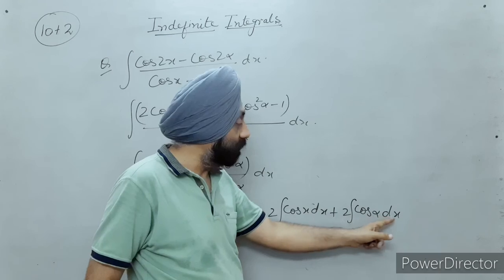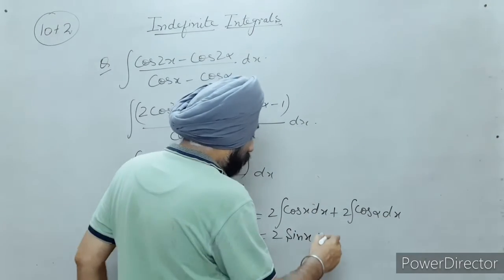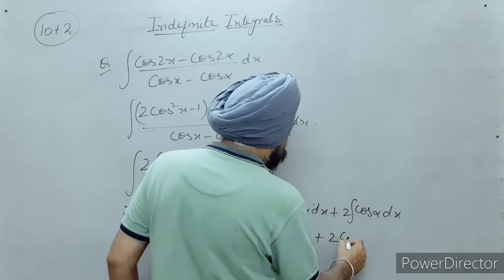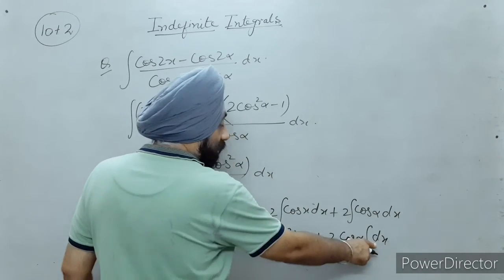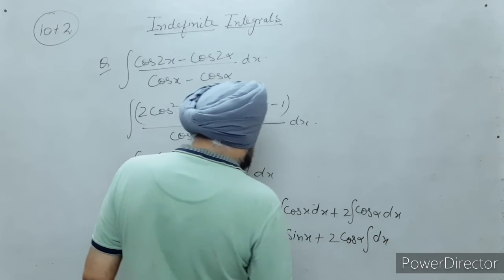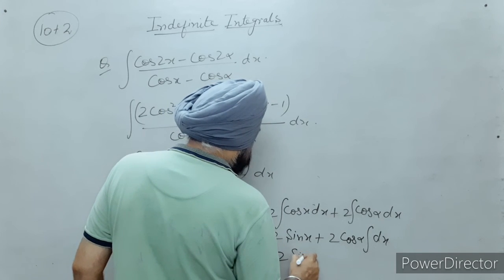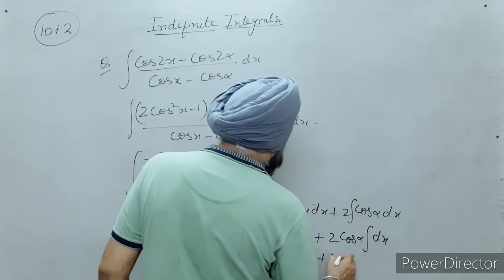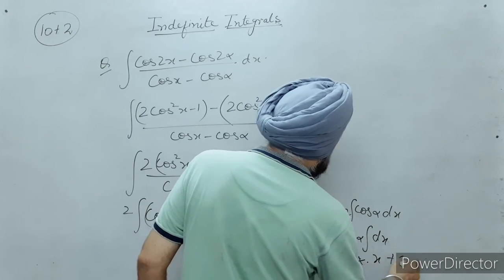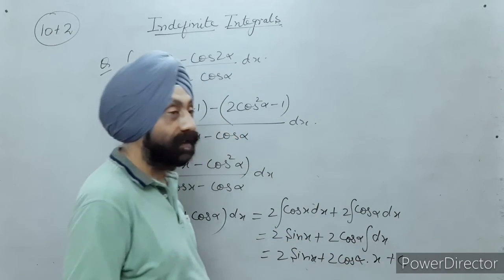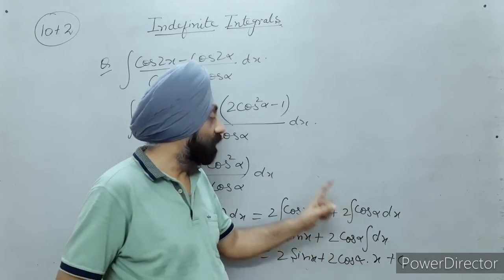We are integrating with respect to x. So what will happen? I take out the constant 2 cos alpha, dx, and in place of dx, that is 1 dx, I can write 2 sin x plus 2 cos alpha multiplied by x plus c, because integral of 1 is x. This is the result.